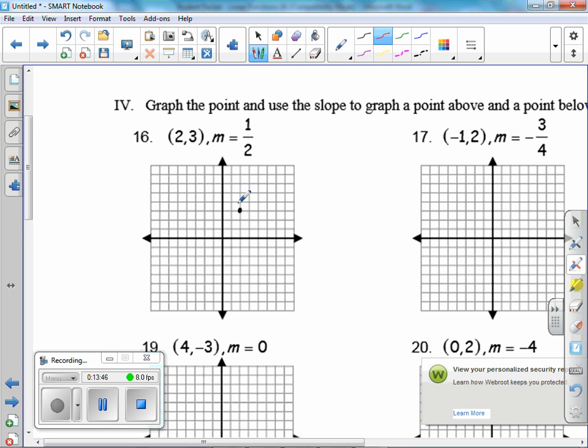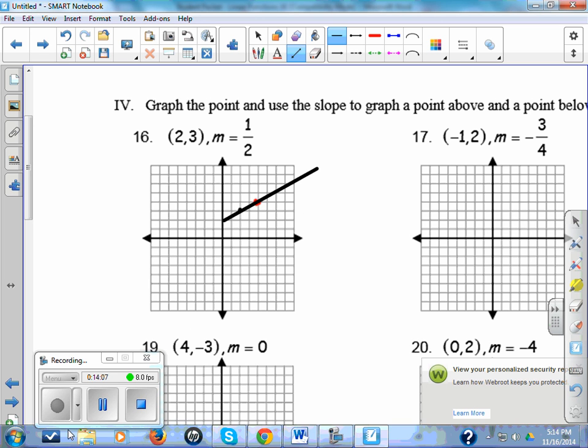So it means I will go up 1 and over 2. Okay, we have to go in the direction so we know it's positive because that's a positive slope. So now we just use our line and we just connect the two. And that is the graph. Be sure and understand how to do that.